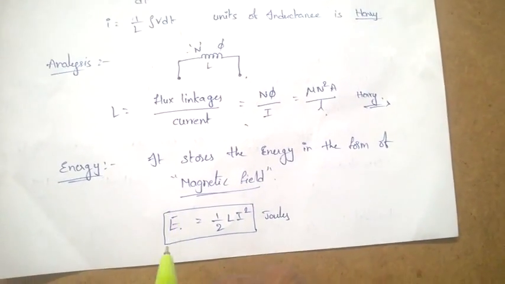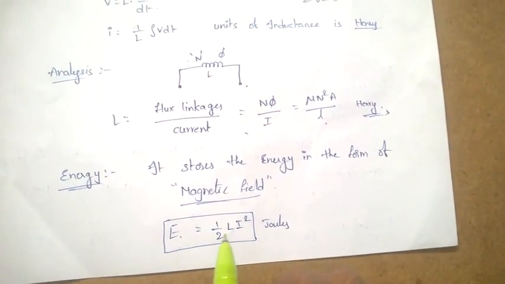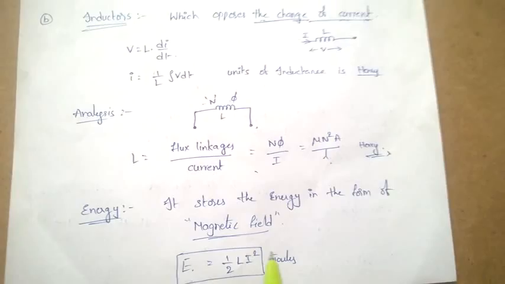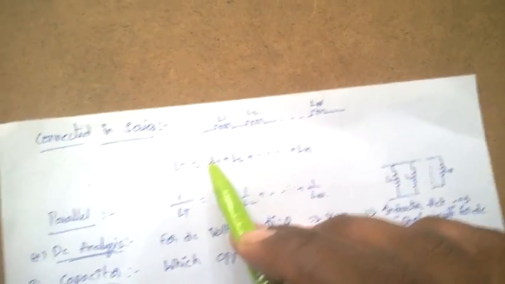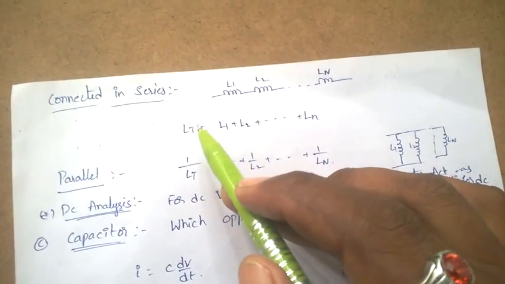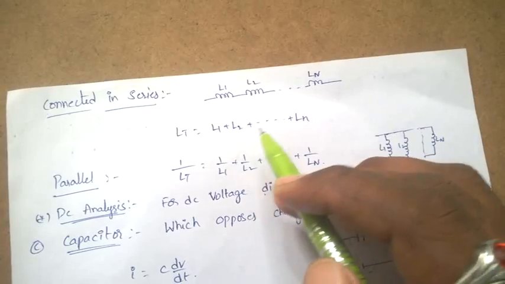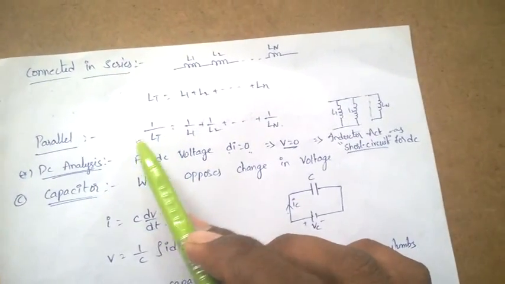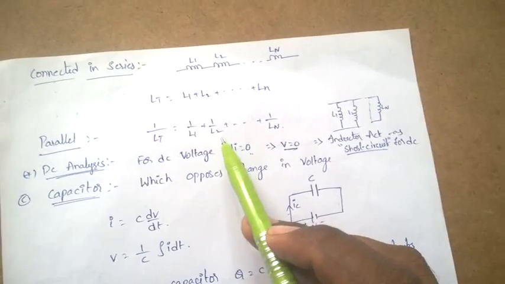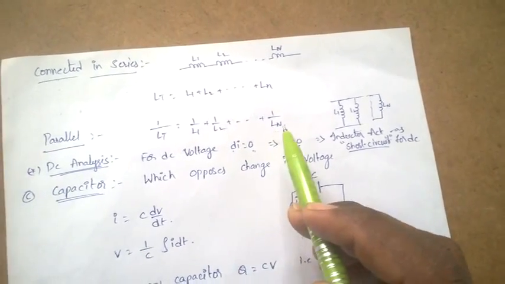The energy stored in an inductor equals half L i squared. Next, for inductors connected in series, the total inductance LT = L1 + L2 + and so on up to Ln. In case of parallel, same as resistance, 1/LT = 1/L1 + 1/L2 + and so on up to 1/Ln.